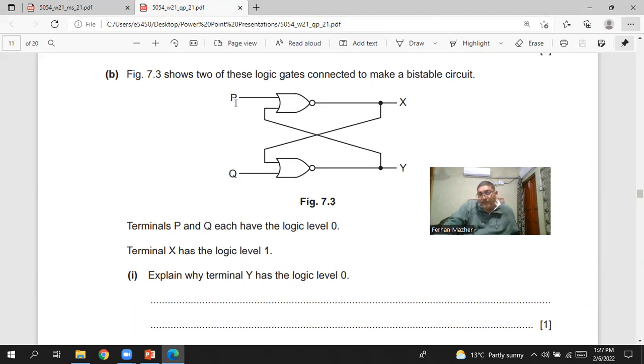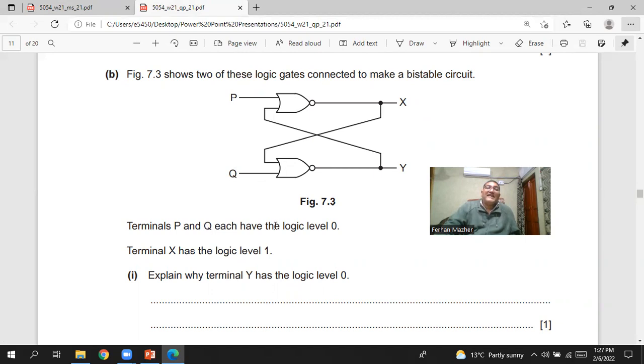The input to NOR gate number 1 is P, and another input to it is coming from Y, and its output is X. This output X is fed to NOR gate number 2, whose one input is Q, and the other is coming from X.